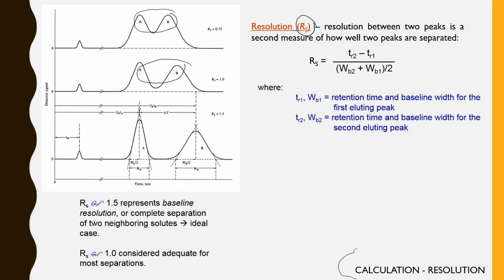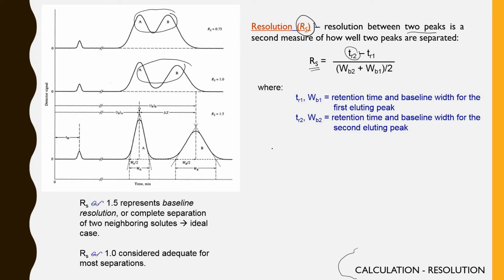So what is RS? Basically, the resolution between two peaks is a quantitative measure of how well two peaks are separated. How do you calculate RS? Basically you have TR2, which is the retention time of the peak that has more retention time, minus the retention time of the other peak.